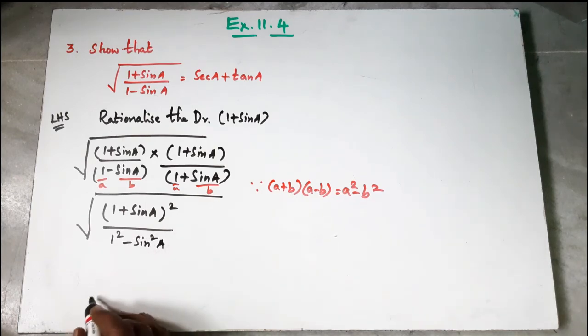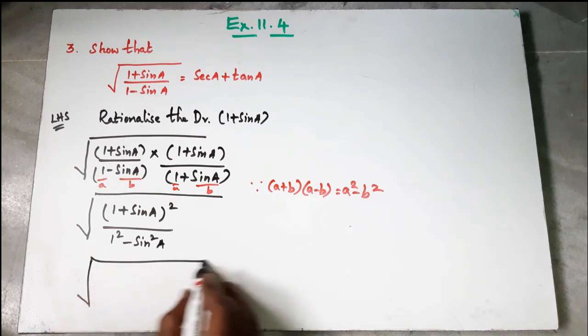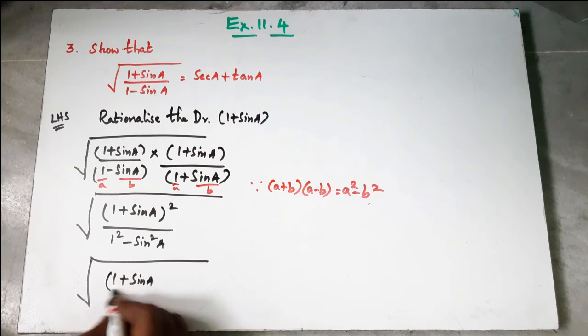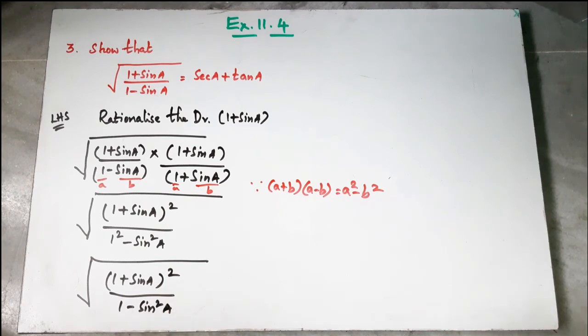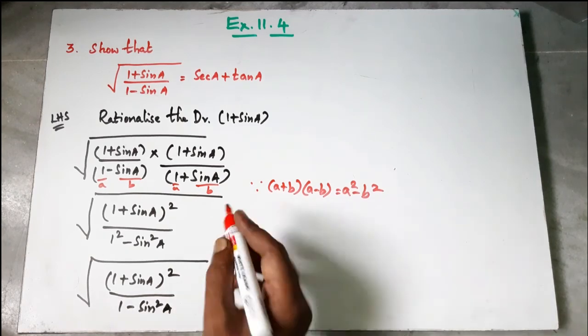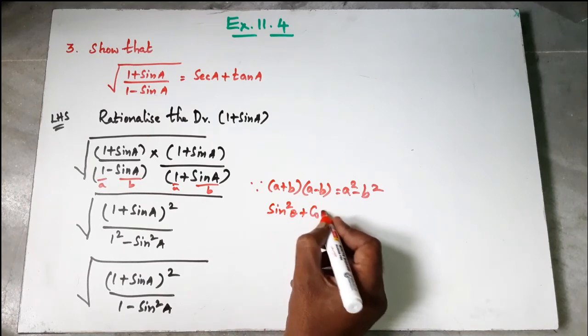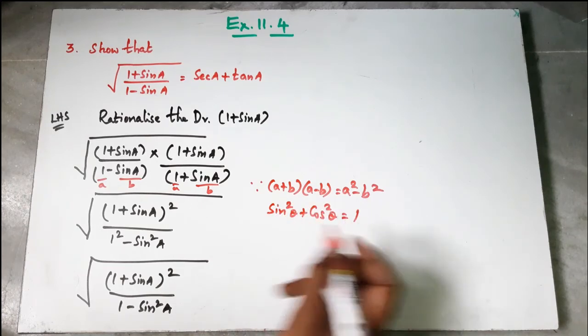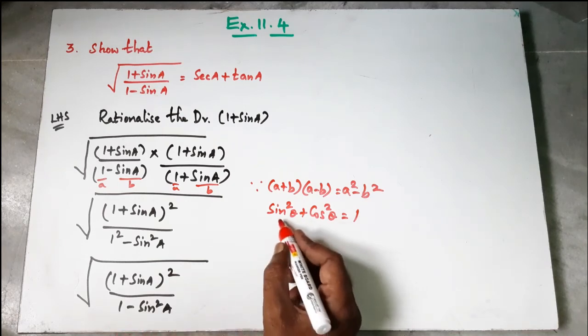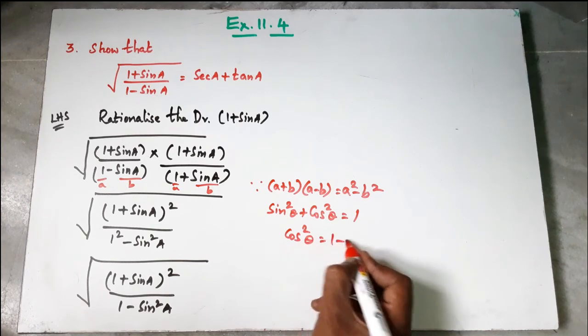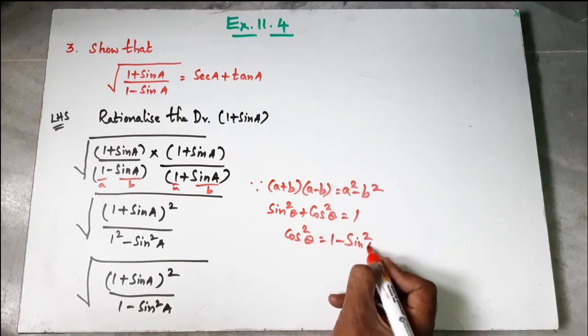Okay, the same thing we can write here: (1 plus sin a) whole square by 1 minus sin square a. Okay, see here again the identity sin square theta plus cos square theta is equal to 1. We are having 1 minus sin square a. So transpose sin square to RHS. So cos square theta is equal to 1 minus sin square theta.